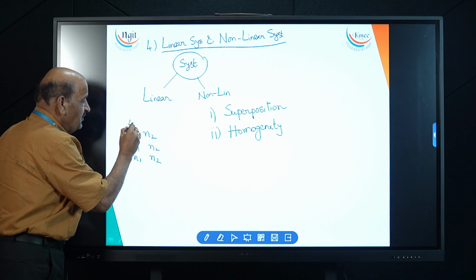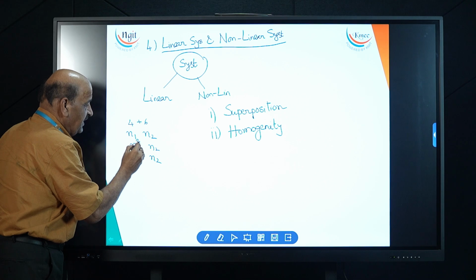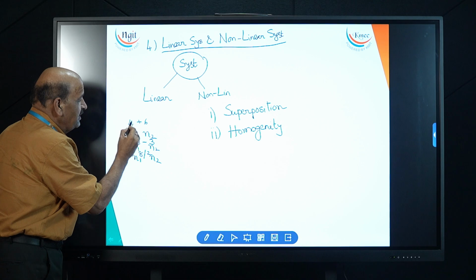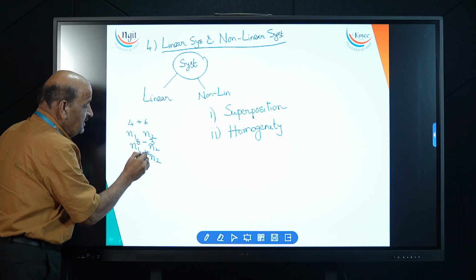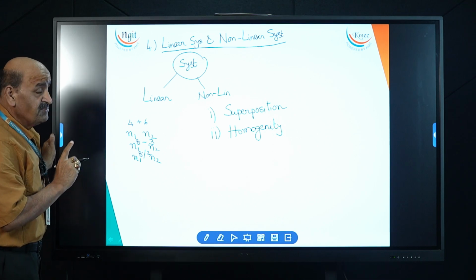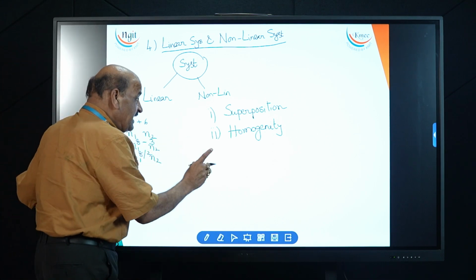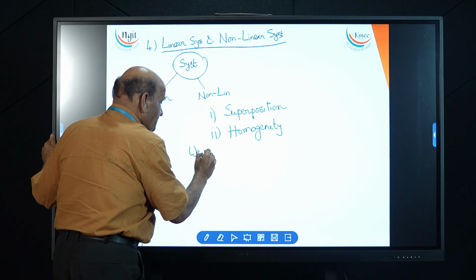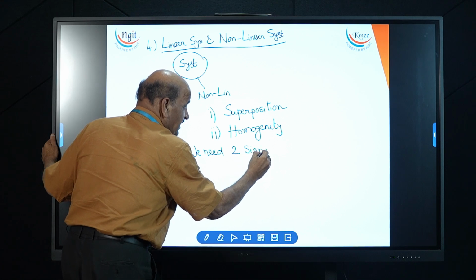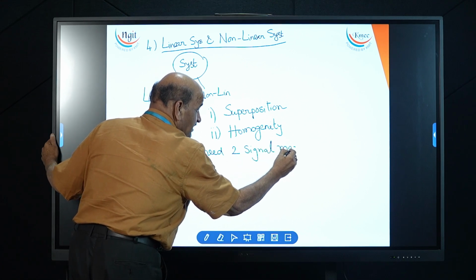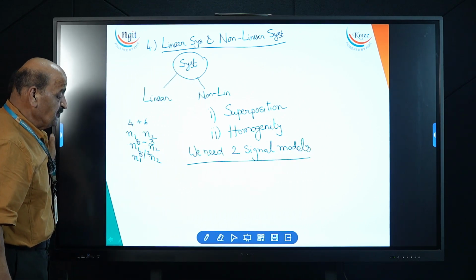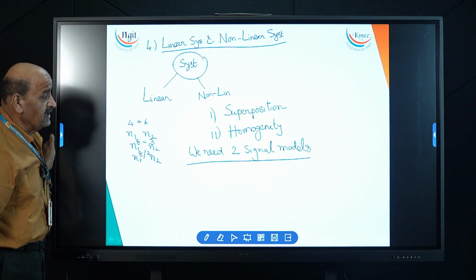For multiplication or division, we need two numbers. For example, what is 4 plus 6? What is 8 minus 3? What is 8 by 2? We need two integers. In the same way, in linear and non-linear systems, we need two signal models. You have to remember this point.